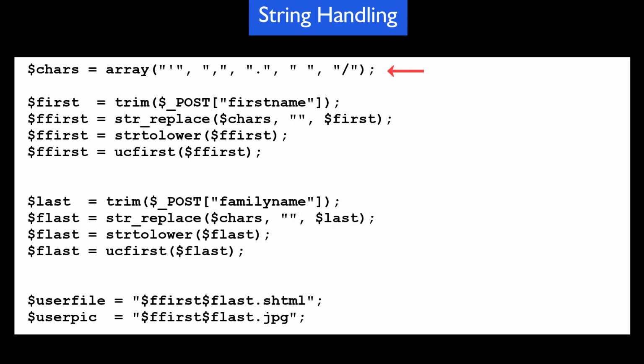To process name-valued strings, then, we can code something like this. $chars equals an array, and we've seen all the special characters that we put into it. $first equals trim of $_POST of first name. $fFirst is str_replace $chars, comma, quote, quote, comma, $first. Then $fFirst is strtolower of $fFirst, and $fFirst is ucfirst of $fFirst.